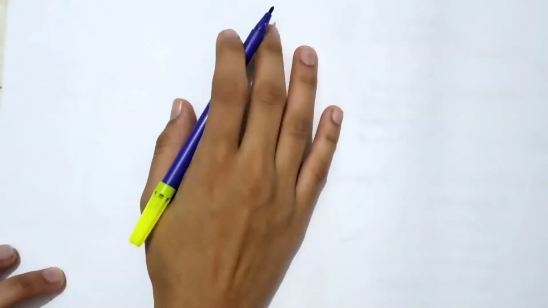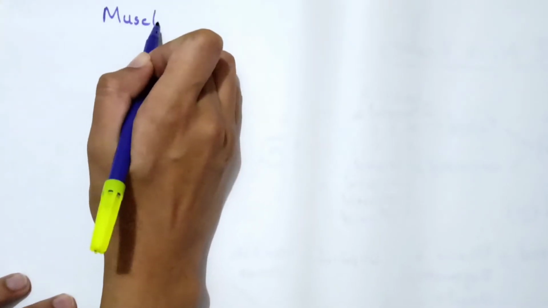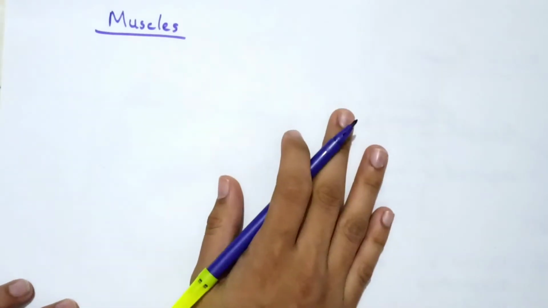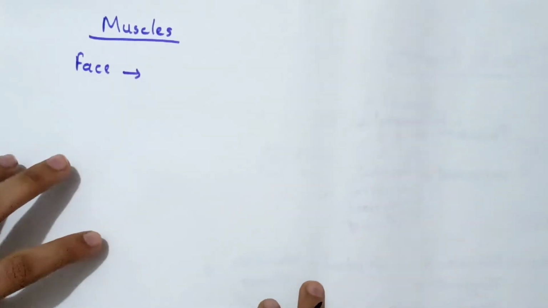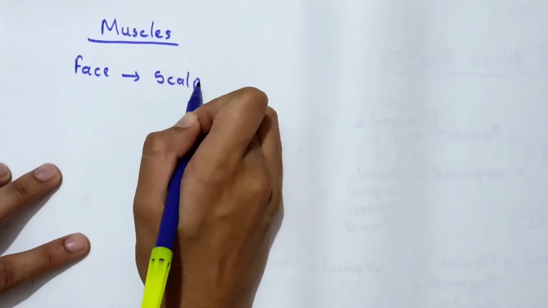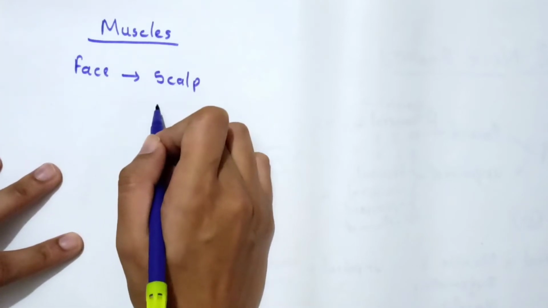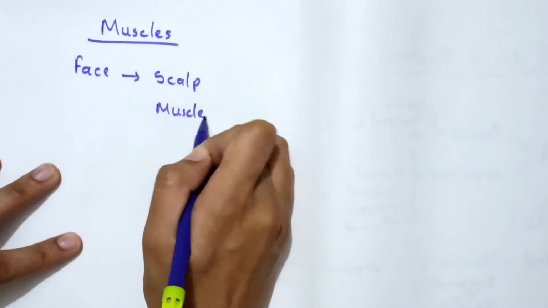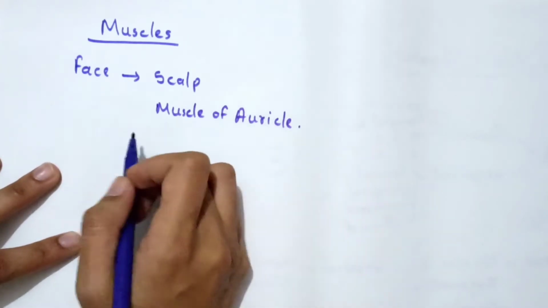Now after bones we have to study about the muscles. So in the face, the facial muscles are divided into the muscles of scalp, then muscles of auricle, that is ear, around the ear.